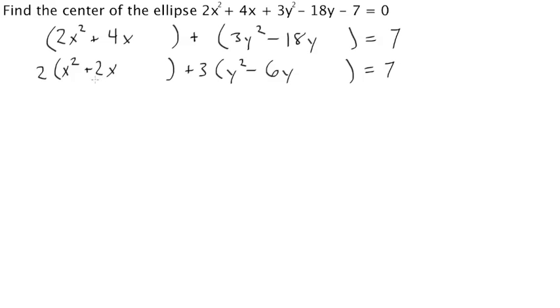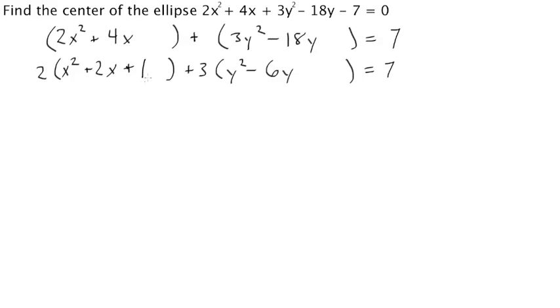So to complete the square, we know that we need to add half of this number squared. Half of 2 is 1. 1 squared is 1. Now, we've got to be careful here. Even though we've added 1, remember that everything inside this set of parentheses is being multiplied by 2.